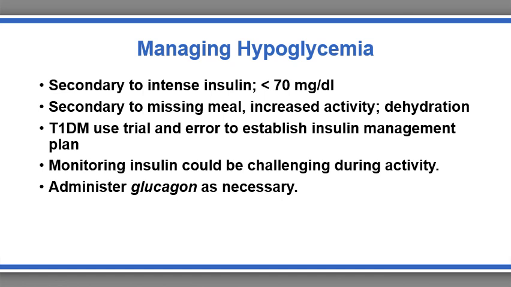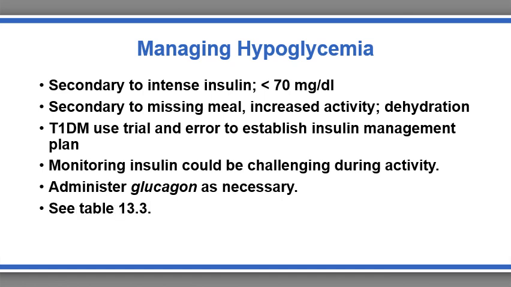If you're not sure, you can still do the 15-15 rule. If they're not getting better with the 15 grams of carbohydrates and they're showing some of these symptoms, they could be hyperglycemic, and then more than likely they are. But giving them 15 grams of carbs isn't going to send them over the edge. At that point it's not going to make a difference, and that's actually one way you could do a differential if need be. So that's something to be mindful of as well.